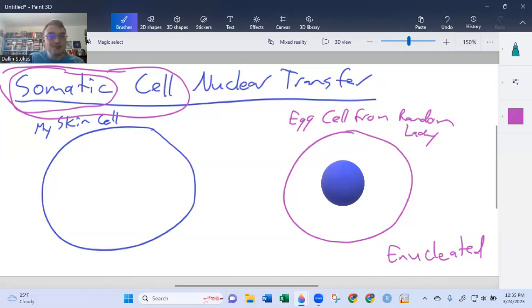Any cell that isn't a sperm or an egg, or a zygote, I suppose, is a somatic cell. So the whole point of somatic cell nuclear transfer is we're taking a nucleus out of a somatic cell, meaning a cell that isn't a sperm or an egg, and putting it into an egg. So that's that term there. A somatic cell is any cell other than a sperm or an egg.